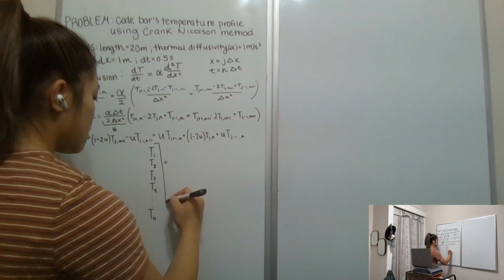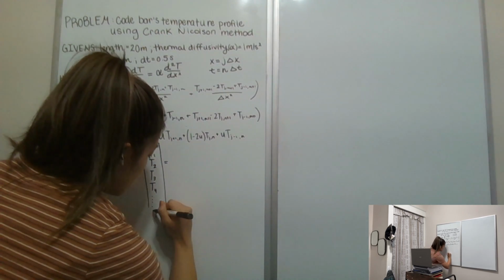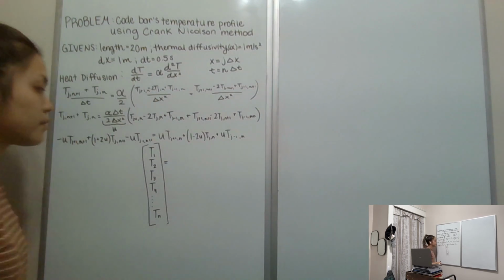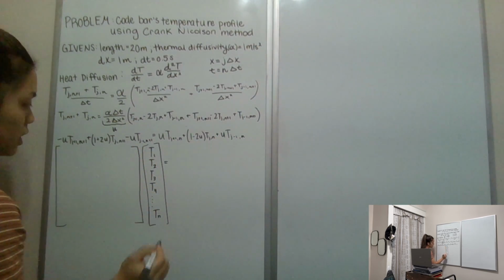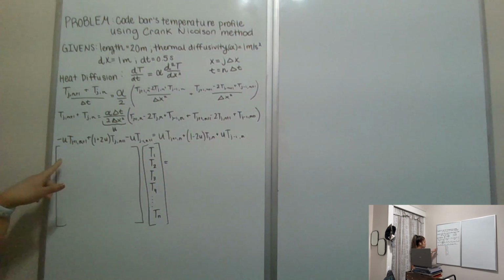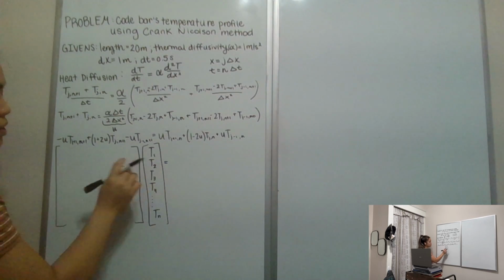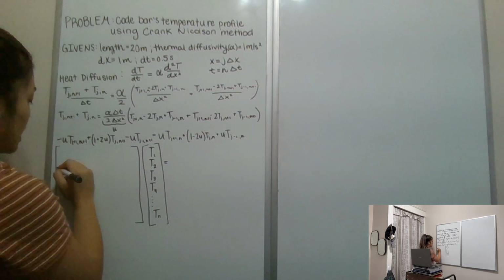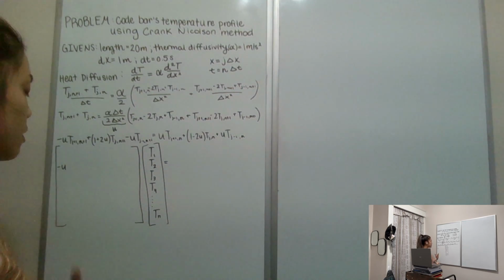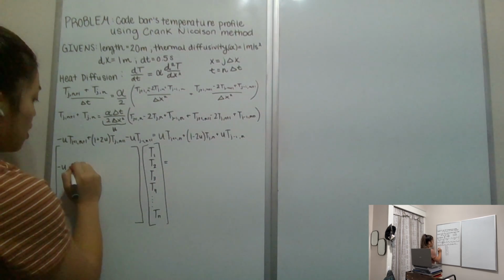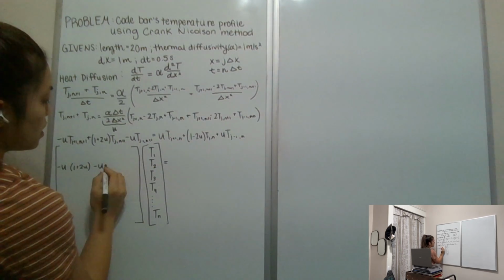And so what we have over here will be the values. Position 2 at 1, we'll start with the second one, and we'll come back to this first one. We'll have the negative u, because at position 2, j plus 1 would be the previous, and then we would have 1 plus 2u, and then we would have negative u again.